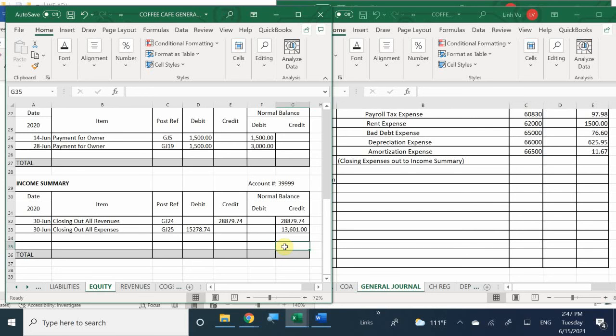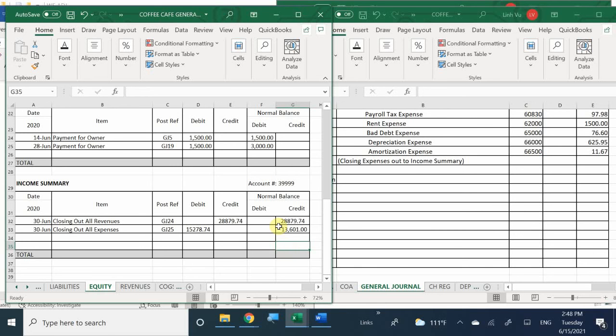So that is another place where we can check to make sure that we are doing our accounting accurately, okay? So in this case, we have a reference point to make sure that we did it right. In this case, we should have a $13,601 profit, okay? Net income.